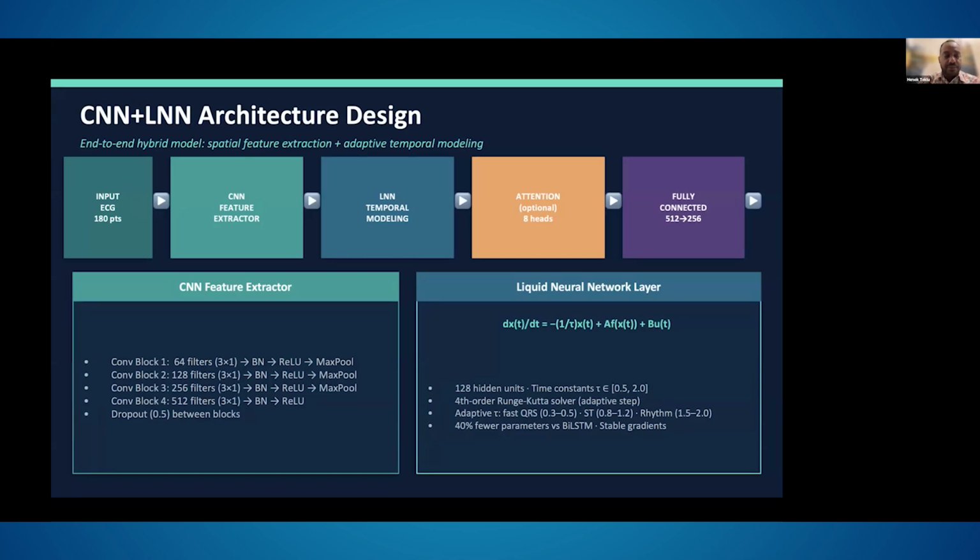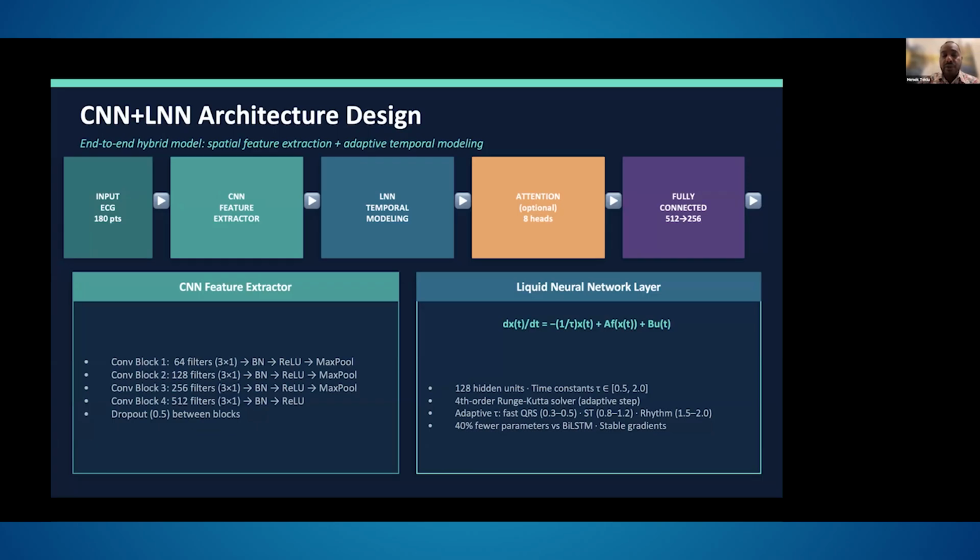We pass those points into the CNN, which extracts important features from them. Once we have these extracted lower dimensionality feature vectors, we pass them through the LNN for temporal modeling. The LNN understands the recurrent information inside the extracted features. And as an option, we have adapted attention.